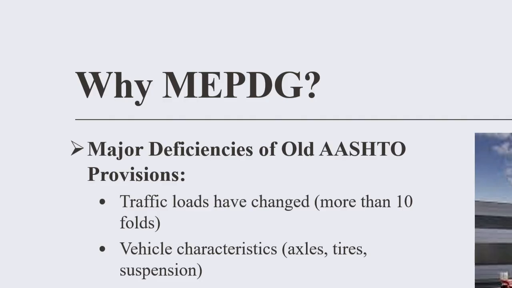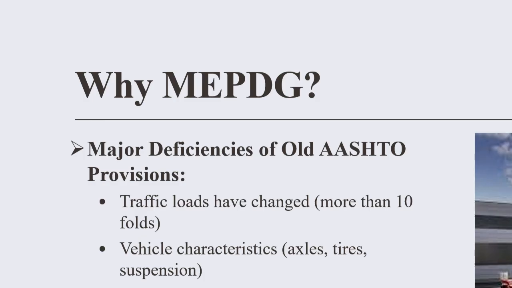Now, sorry. The other thing, so these are the deficiencies with the old AASHTO, and it applies to the Road Note 31 that our elder just talked about. Traffic loads have changed significantly over the period. We were talking about even different tire configuration. I was having a discussion with the Doctor not long ago.